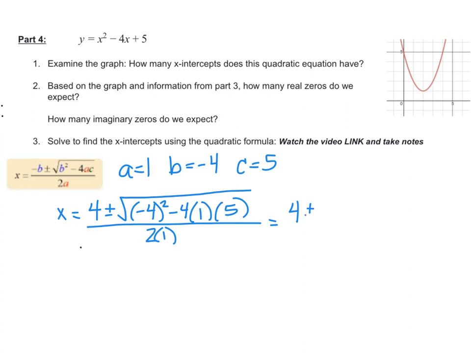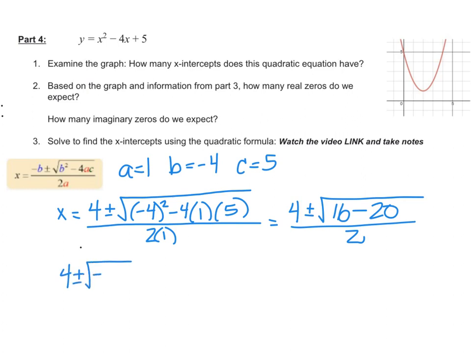We get 4 plus or minus, (-4) squared is 16, minus 4 times 5 is 20, and all of that is over 2. So 4 plus or minus the square root, 16 minus 20 is -4, and all of this is over 2. So as we're working, we can see here we have a square root that's a negative.